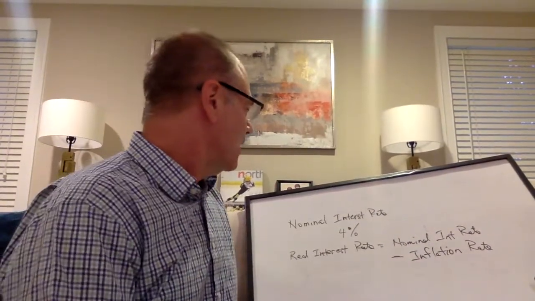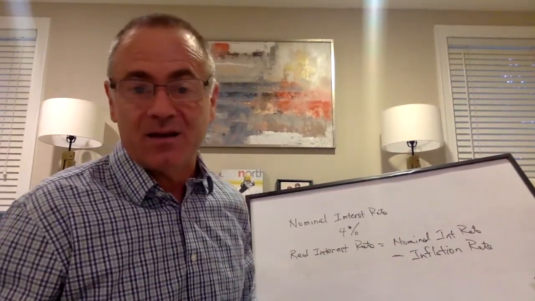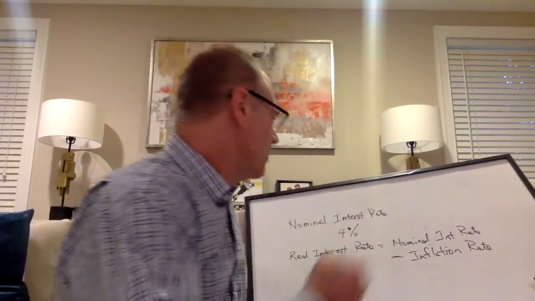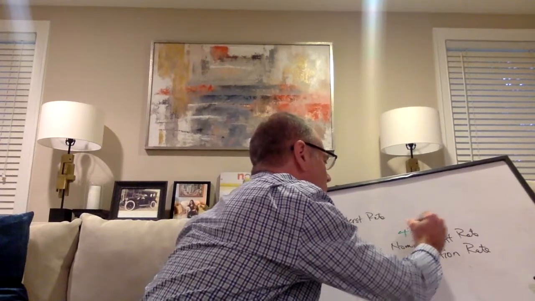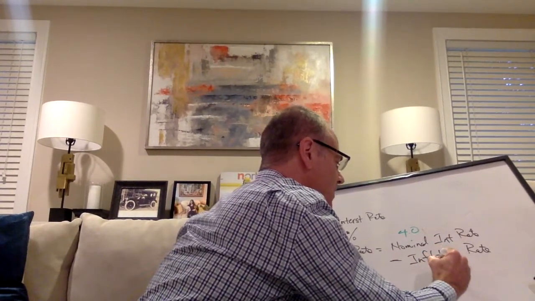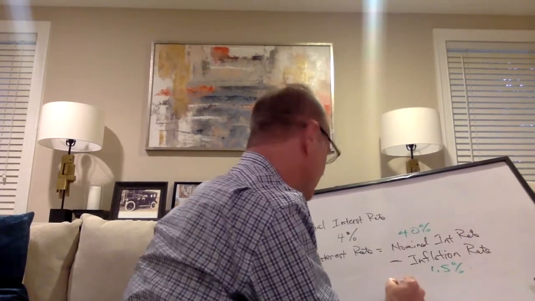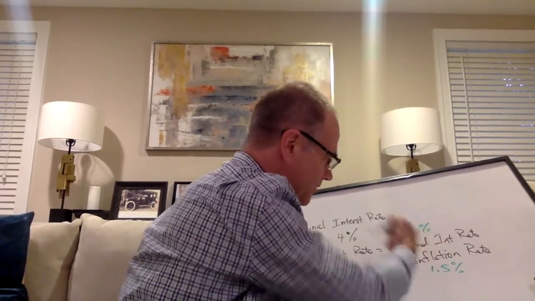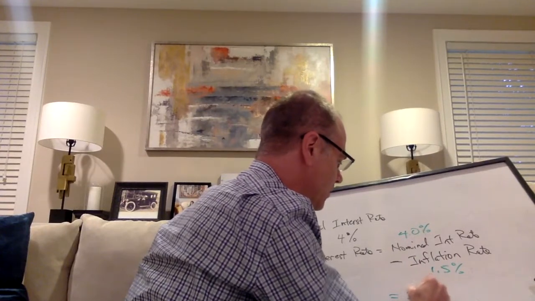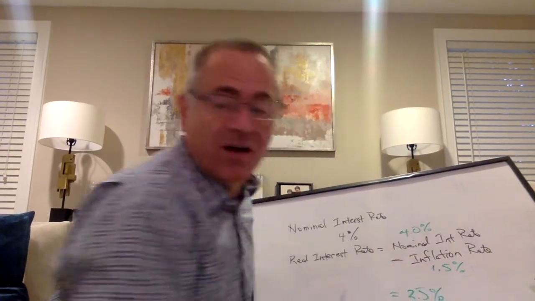So, if we were looking at 2 years ago, the nominal interest rate for a riskless loan would have been something like 4.0%. The inflation rate would have been something like 1.5%. And so that means the real interest rate is just the difference, which would have been 2.5%.